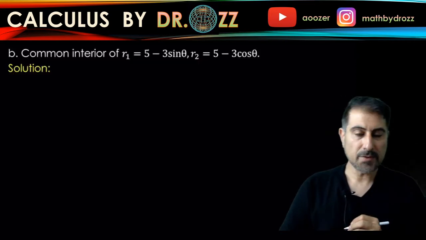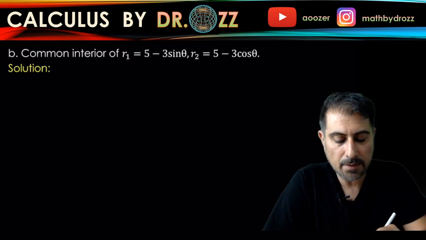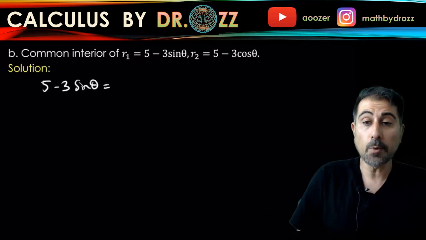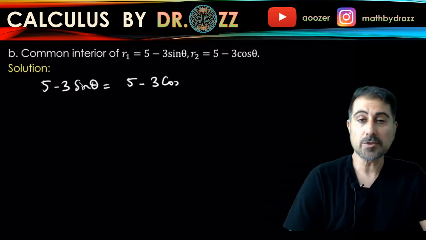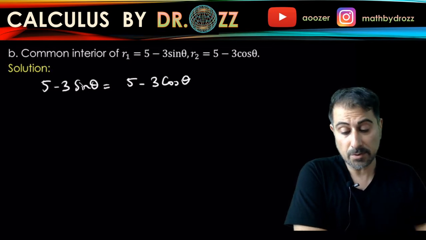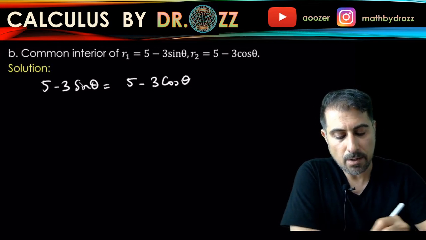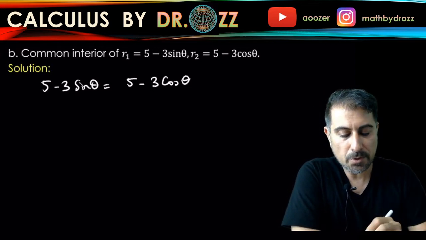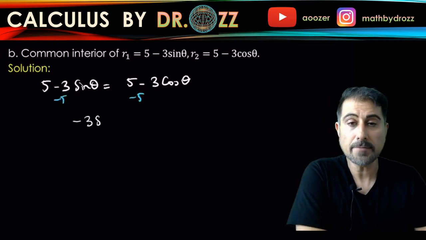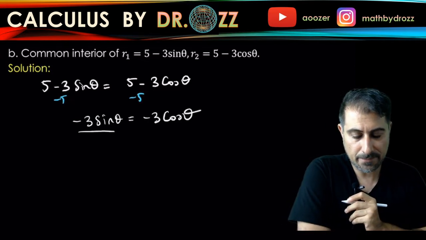Now what we're going to do is set R1 and R2 equal and solve. As you see, in these kinds of problems we are always solving a trig equation, and it's always better to have the unit circle with you, because sometimes you get known angles to work with, and the unit circle immensely helps. So what I'm going to do here is subtract 5 from both sides, and then divide both sides by -3.